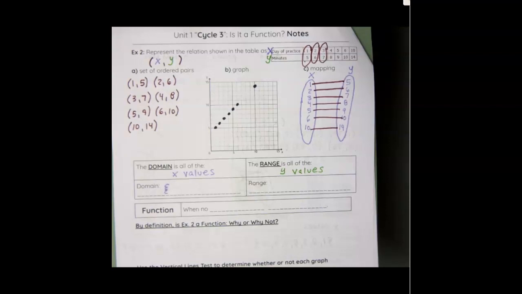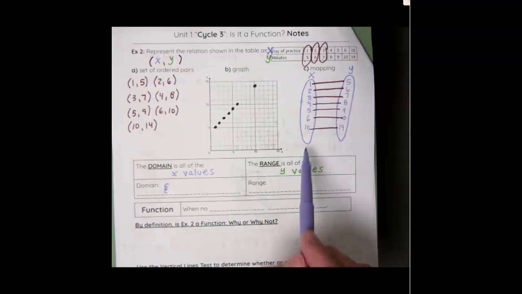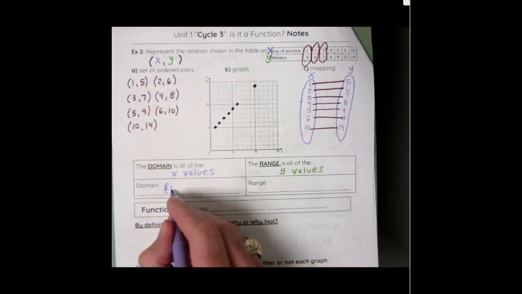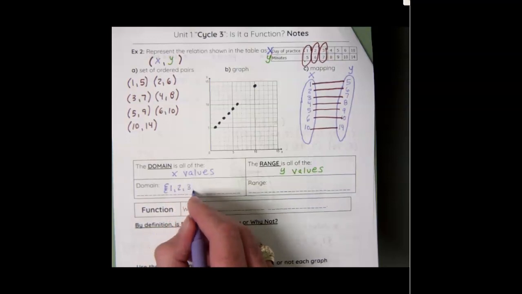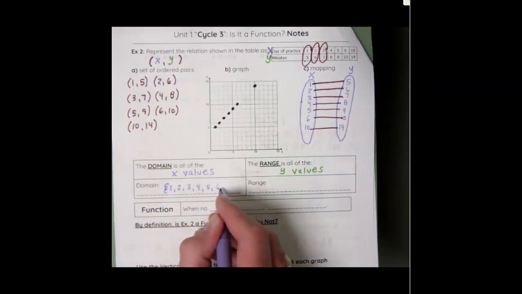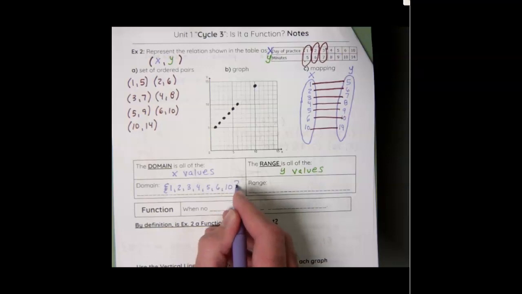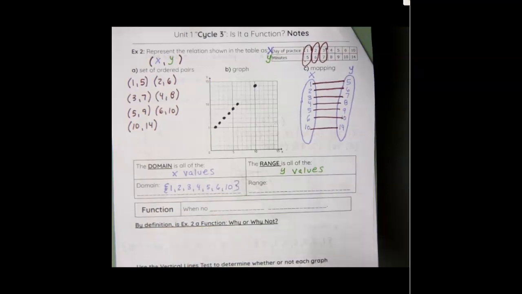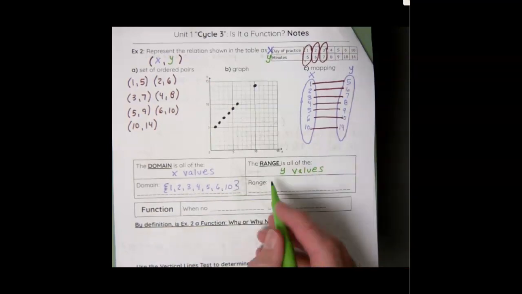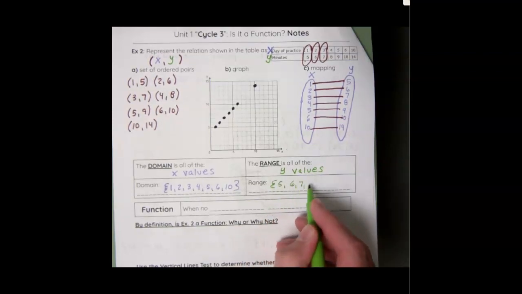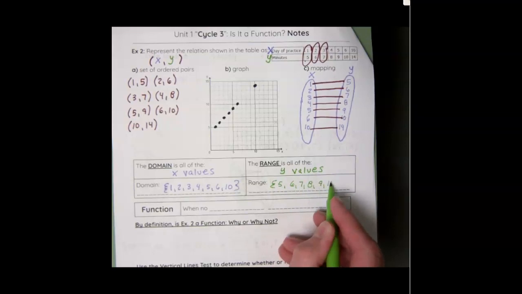Rule number 2 is it has to be from least to greatest. It's already from least to greatest, so we just write them, but make sure we have commas in between. Okay, now our range, it's already in order as well, and there's no repeats. So this one's pretty simple.